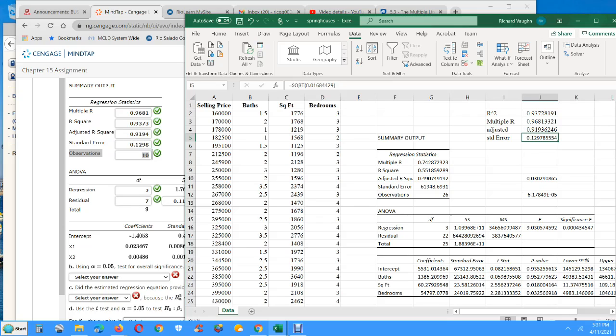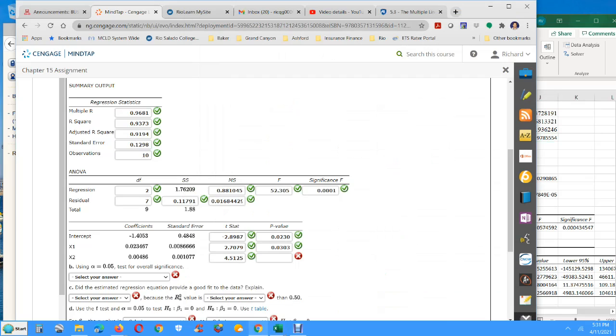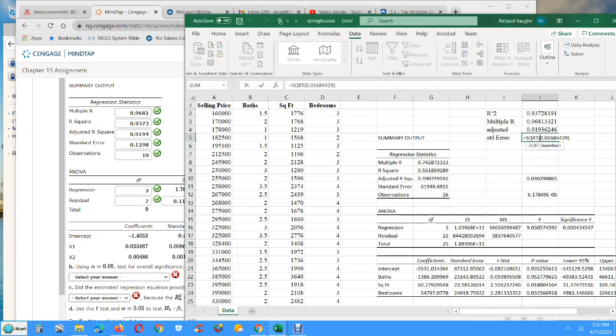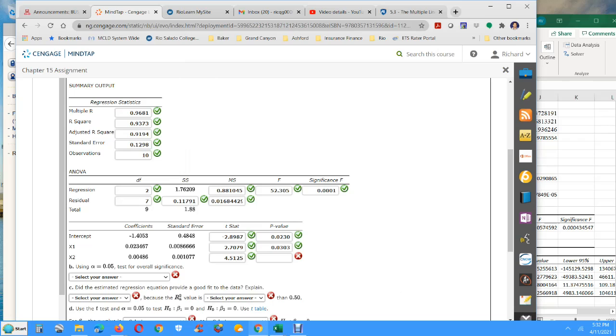So in our case, all I need to do is take the square root of the mean square residual, which is this number, 0.01684, right? And you'll see that I kind of have that typed over here, square root of, and then I copied that number and just took the square root, and that is the standard error, and that's how I was able to fill in and get this last question correct.